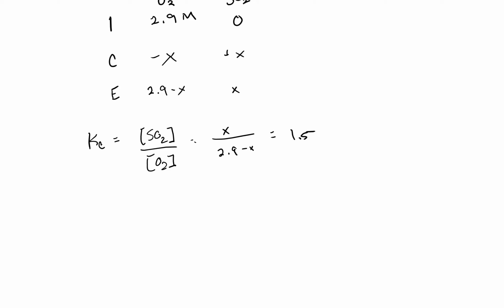So now it's just a little bit of arithmetic, right? Probably the easiest way to go about this is to multiply both sides by 2.9 minus x to get it off the bottom of this fraction.